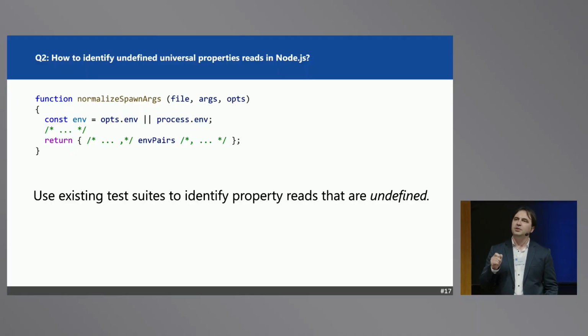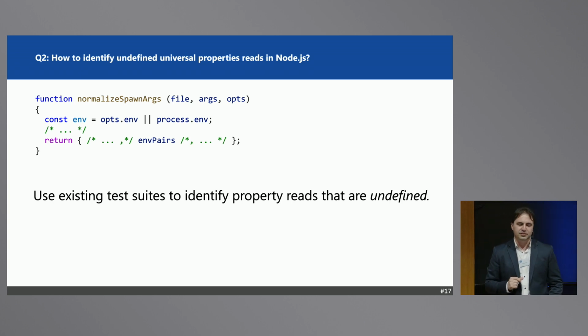Okay? So that would be very dangerous. So how do we do that? Well, here we're lucky. So remember what we need to do. We need to identify these properties that are undefined. They're not initialized. So then we can use the first step to initialize them at will. That's our goal here.